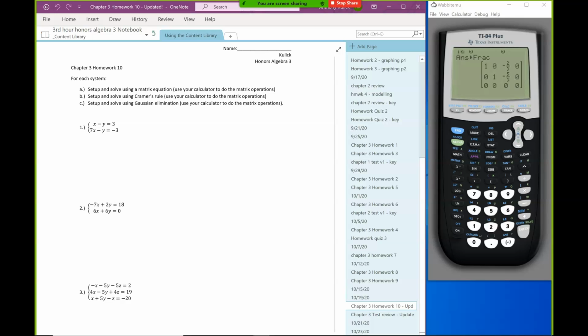And keep in mind, I think that if it is a no solution or infinitely many solution situation, you're going to get errors for the matrix equation and for the Cramer's rule. So if it was me, I would start with the Gaussian elimination, because I could tell right away if the other 2 are even possible.